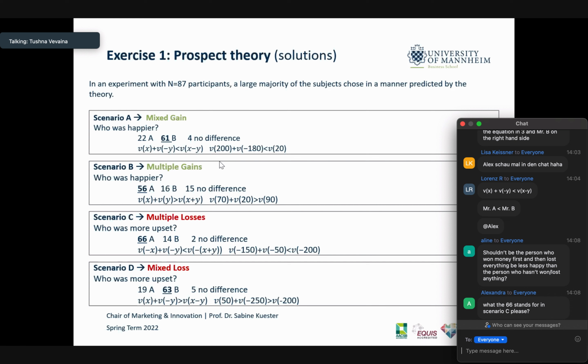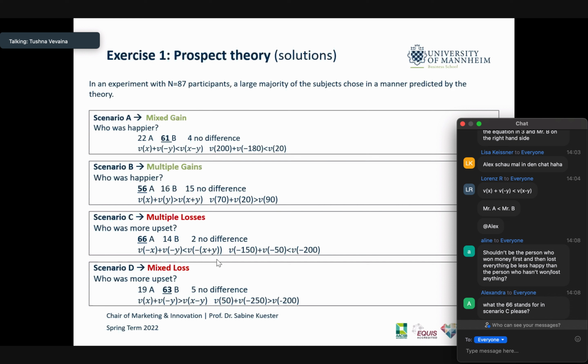And if you see in all these scenarios, the number of people who are indifferent to either of the options is very few. So 2, for example, in this case, 5, for example, in this case. The only time we saw a great number of people indifferent to either of the gambles is where we had multiple gains, where, for example, they won 20 and then 70 and 90 was the net gain.